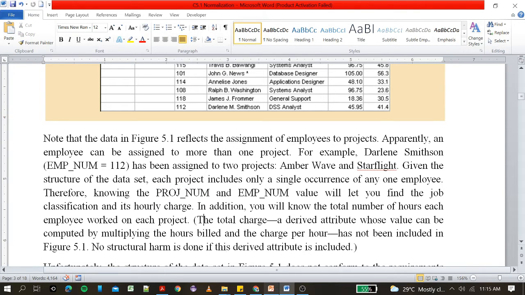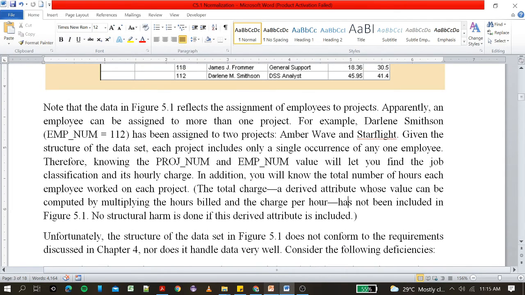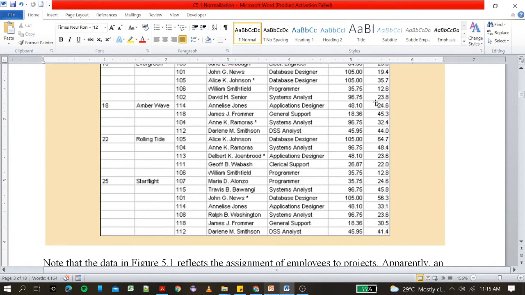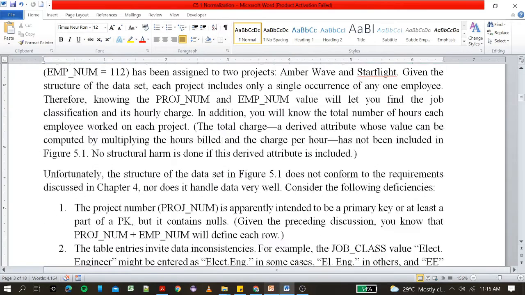So, sabi pa dito, the total charge is a derived attribute whose value can be computed by multiplying the hours billed and the charge per hour. And that has not been included in Figure 5.1. So, hindi siya nakasama dito. Wala siya dito. Okay?